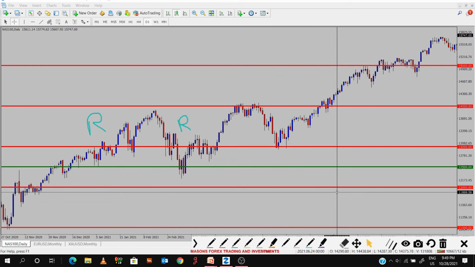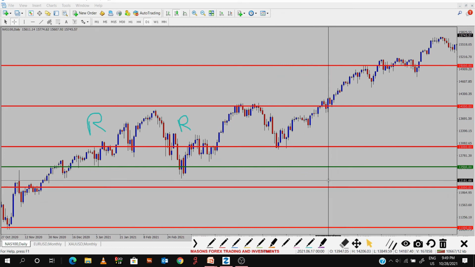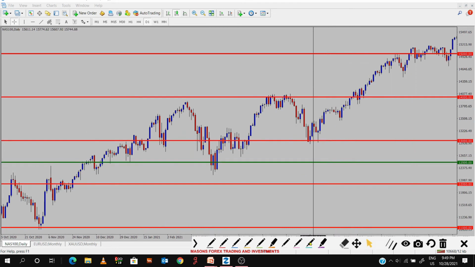Let us move to the 13,000 level. For this 13,000 level, we can say we have support here. So price pushes in, moves away. You can see we have congestion around this level, or this area rather. We have some support again here.